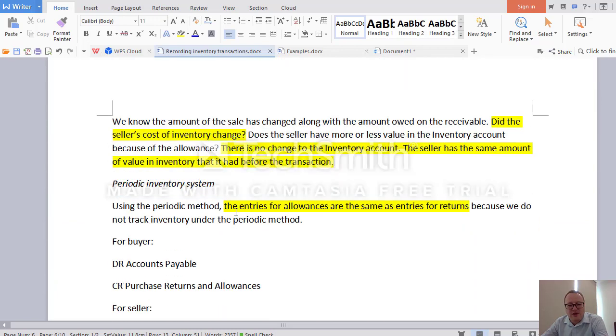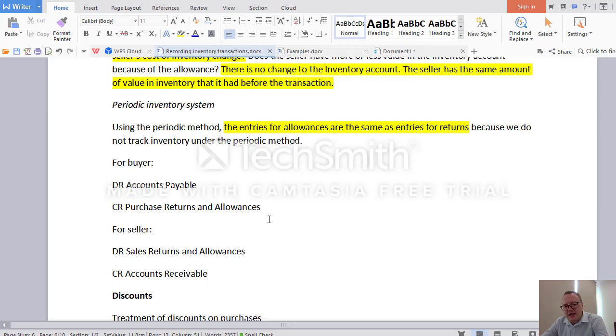And with the periodic inventory system, the idea is the same. The only thing is, you do not have any inventories, so now you will have purchases, and for the value of the deduction and allowance you will credit purchase returns and allowances. So the buyer, since he is given the allowance and deduction, does not need to pay the full amount.